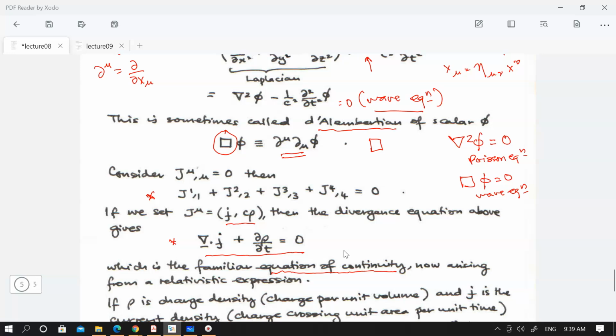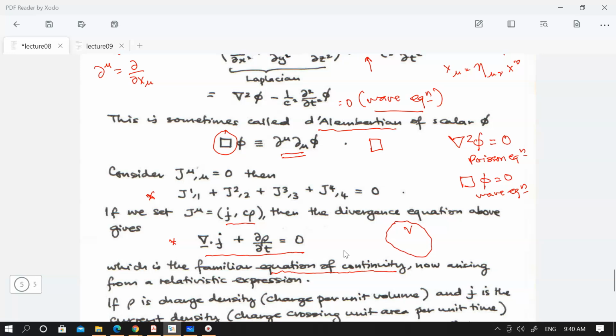So what does that tell us? The divergence of your electric current plus the rate of change of your charge density must be equal to 0, in the sense that if you look at what happens inside a particular volume, I think we have done this in maths methods.